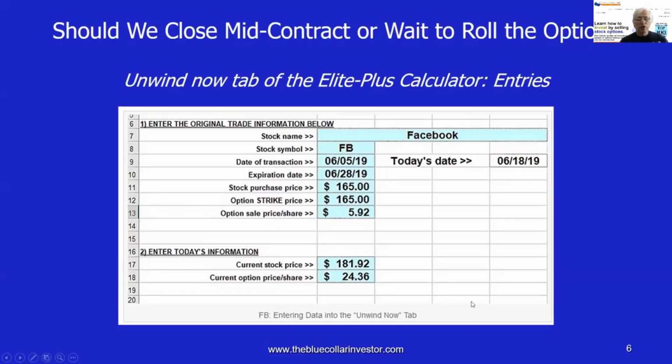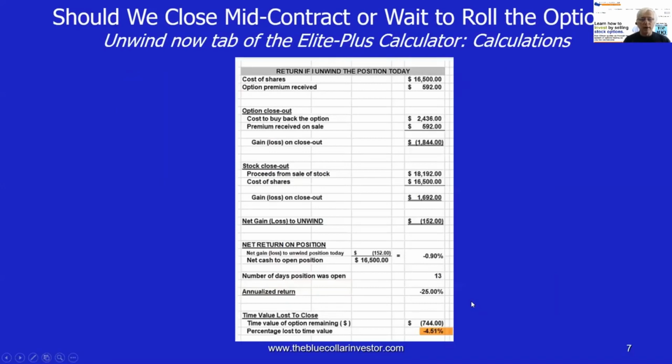Now, once that information is entered into the blue cells of the Unwind Now tab of the Elite Plus calculator, the white cells on the right side of the spreadsheet become populated. For those of you who have this spreadsheet, you want to focus in on the very bottom right of that spreadsheet, and it will tell us that the time value cost to close is $744 per contract, which represents a 4.51% amount of time value that's lost by closing the trade.